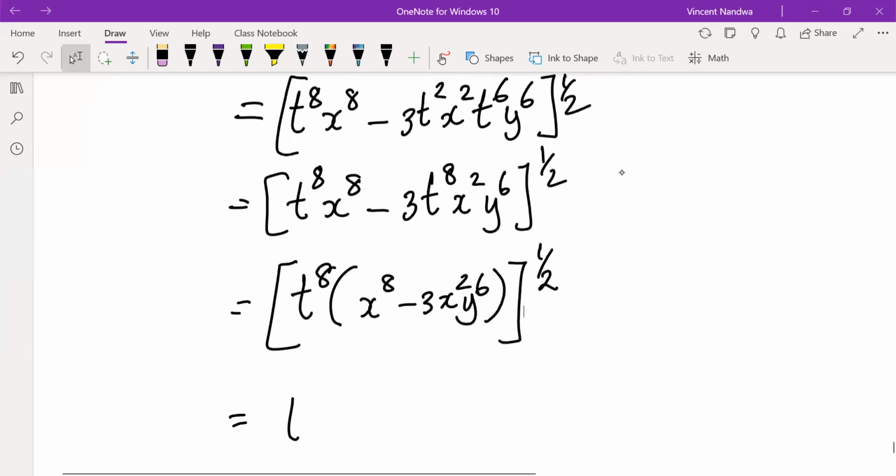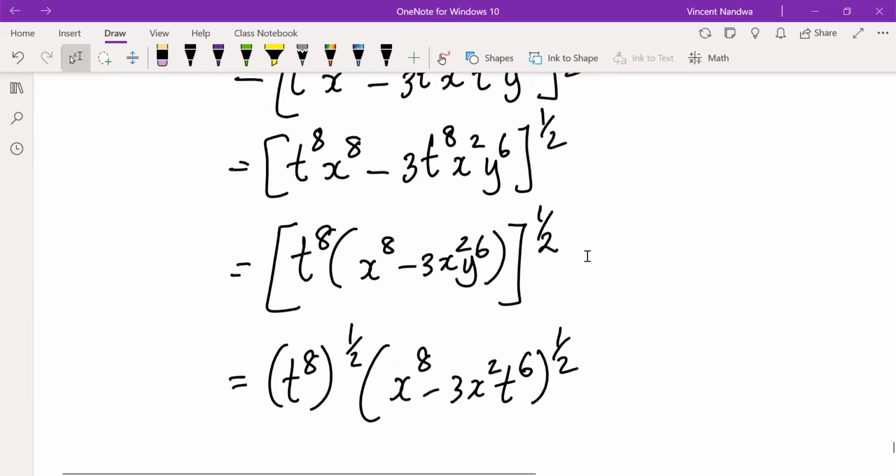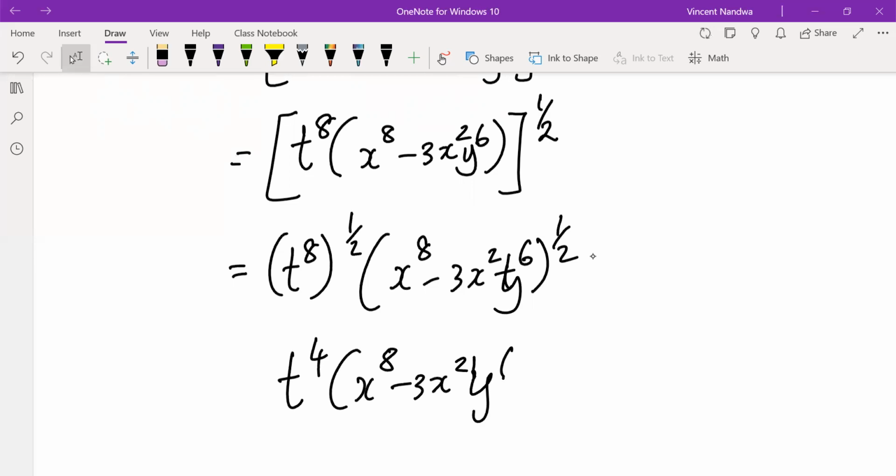which will be t raised power 8 times a half. We see t power 8 power half is t power 4. This is x power 8 minus 3x squared y power 6 power half.